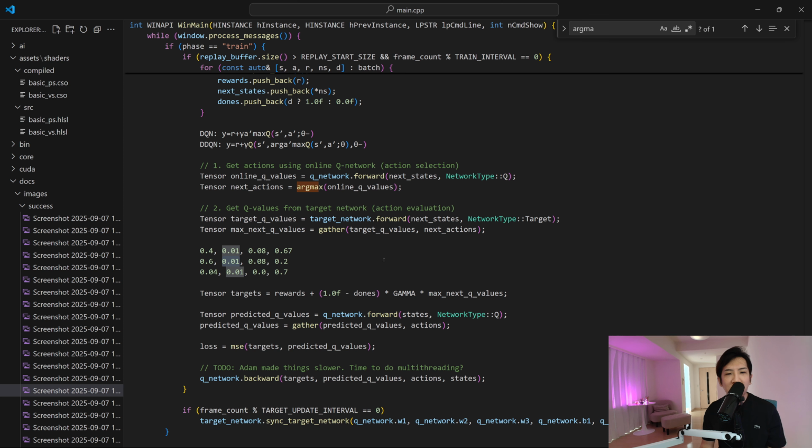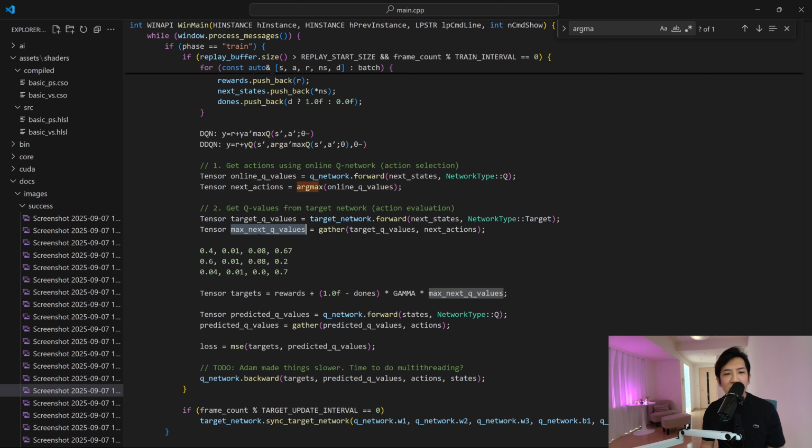So what I'm trying to say is that target network generates some Q values, and to choose the best Q values or evaluate Q values in DDQN, it would use actions selected by Q network.